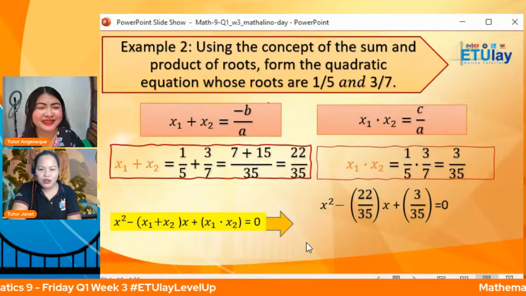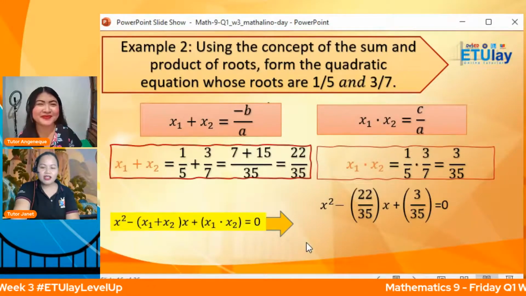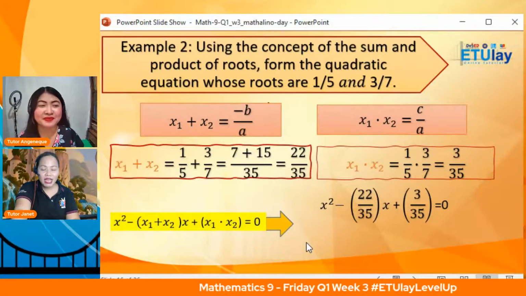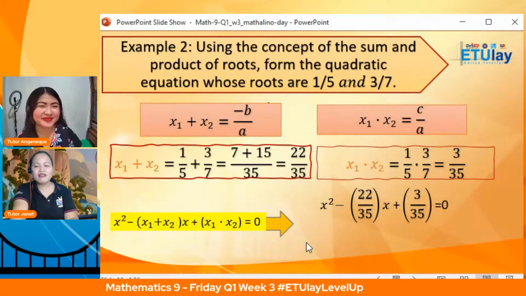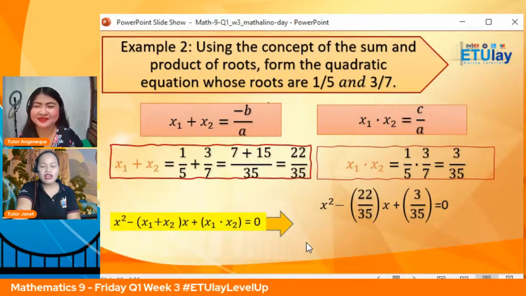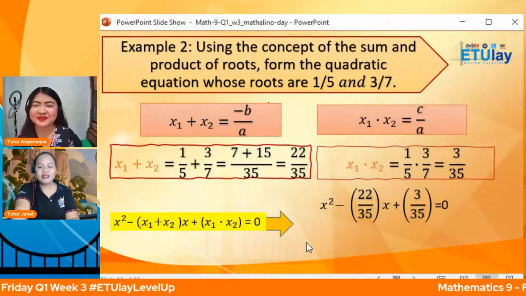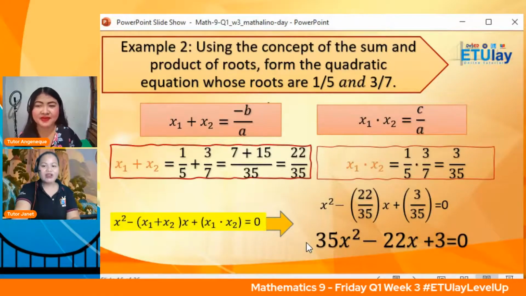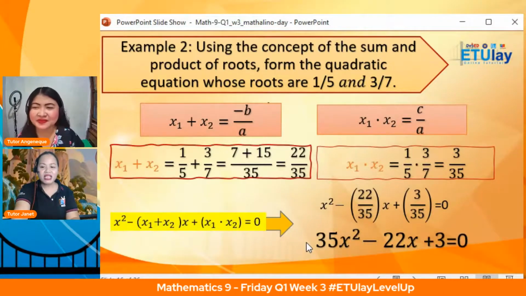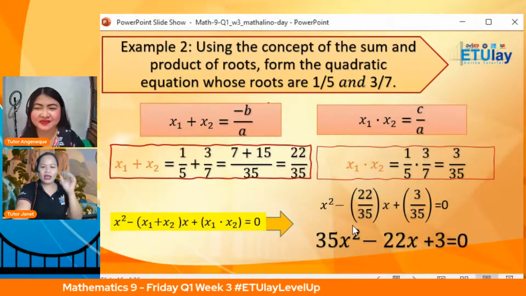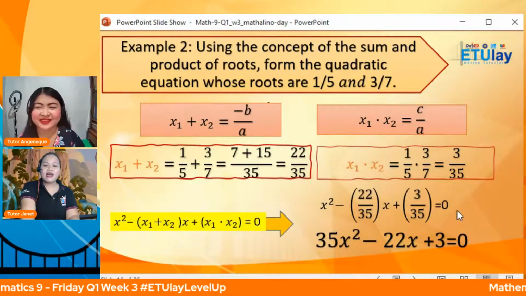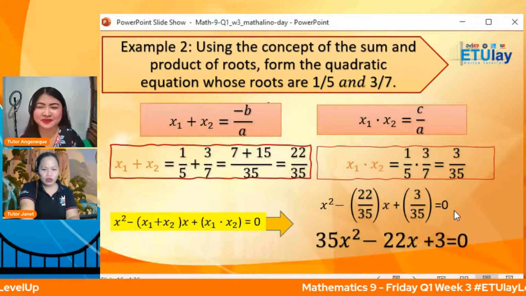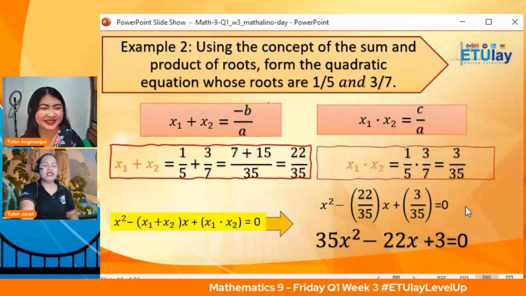No, hindi pa po yan yung final answer. Siyempre, kailangan nating tanggalin yung denominator for our middle term and for the constant term. So, ano ngayon ang ating magiging final answer? Our final answer would be 35x squared minus 22x plus 3 equals 0. Ayan po ang ating final answer. Okay? So, we were able to derive the equation which is in quadratic form, in standard form.